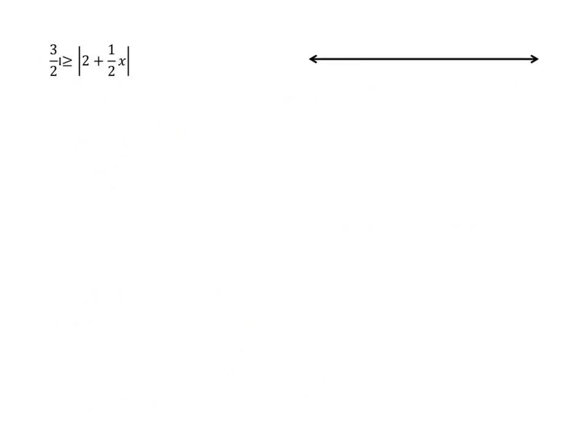I'm going to change this problem here so that it says this, because now I can look at this absolute value with the x in it as greater than, so it's an or, right, I remember that, and I might rewrite it. 2 plus 1/2 x is greater than or equal to 3/2, or -3/2 is greater than or equal to 2 plus 1/2 x.